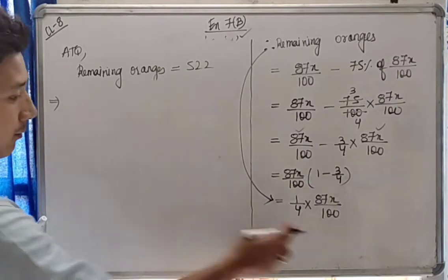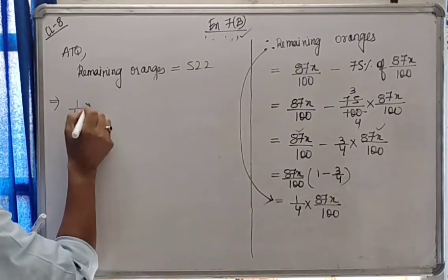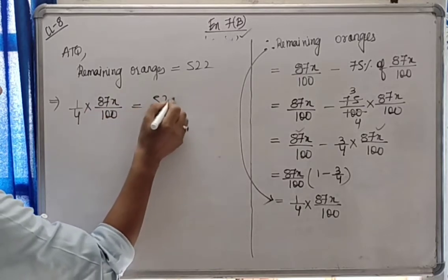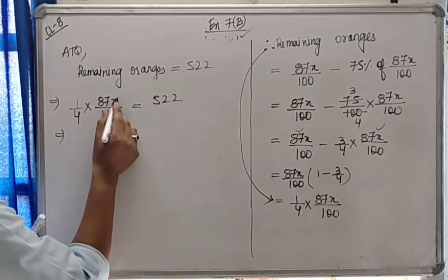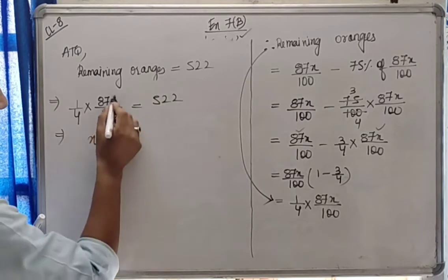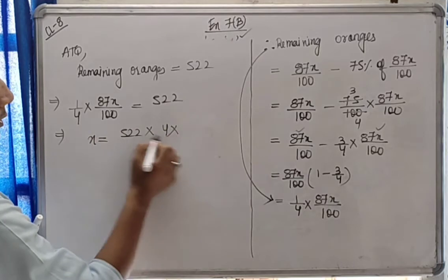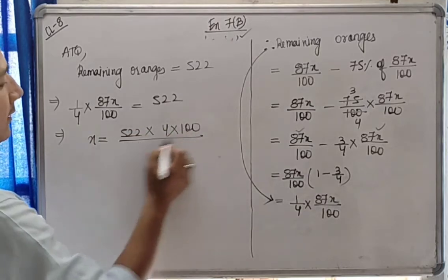So 1 by 4 into 87x by 100 is equal to 522. Please cancel it out. By cross multiplication, x is equal to 522 into 4 into 100 divided by 87.